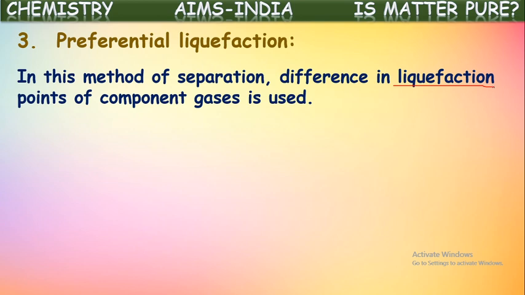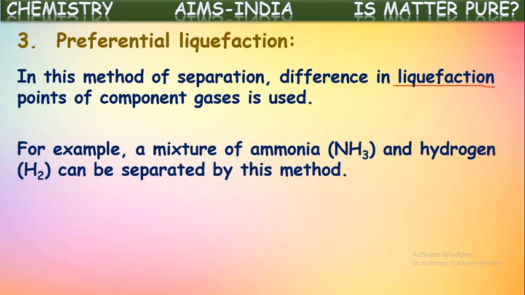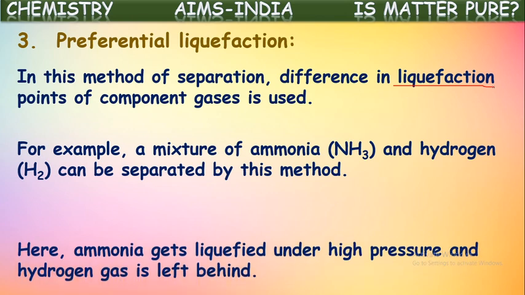Based upon the difference in the liquefaction point, gaseous mixtures can also be separated. For example, a mixture of ammonia and hydrogen can be separated by this method. If you cool this mixture, ammonia will be liquefied very easily.